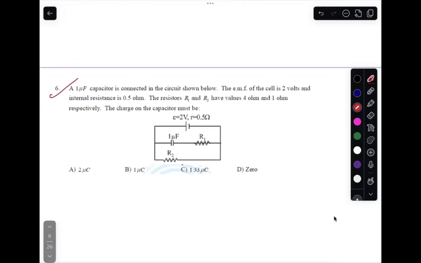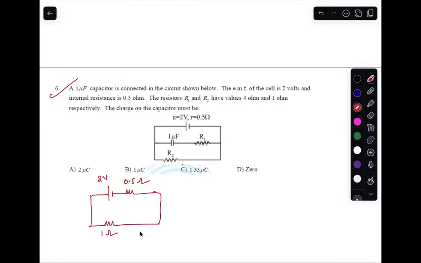Sixth question. A 1 microfarad capacitor is connected in the circuit shown below. The EMF of the cell is 2 volts, R1 and R2 given, fine. They are in steady state. First of all, remove this R1 line. What is the circuit in the steady state? 0.5 ohm, 2 volt, R2 is 1 ohm.